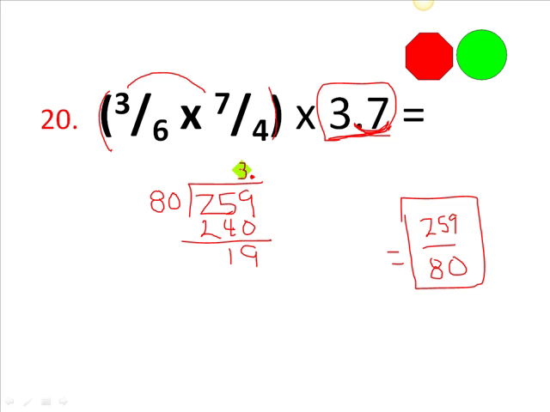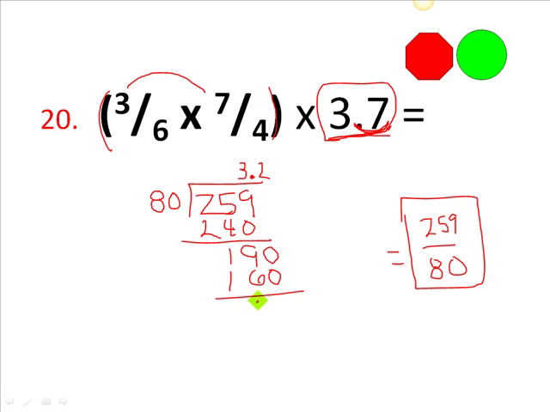So 3 times 80 is almost 259. So it's going to be 3 and some decimal points. And 80 will not go into 19, but it will go into 190. And so let's see, 2 times 80 is 160.